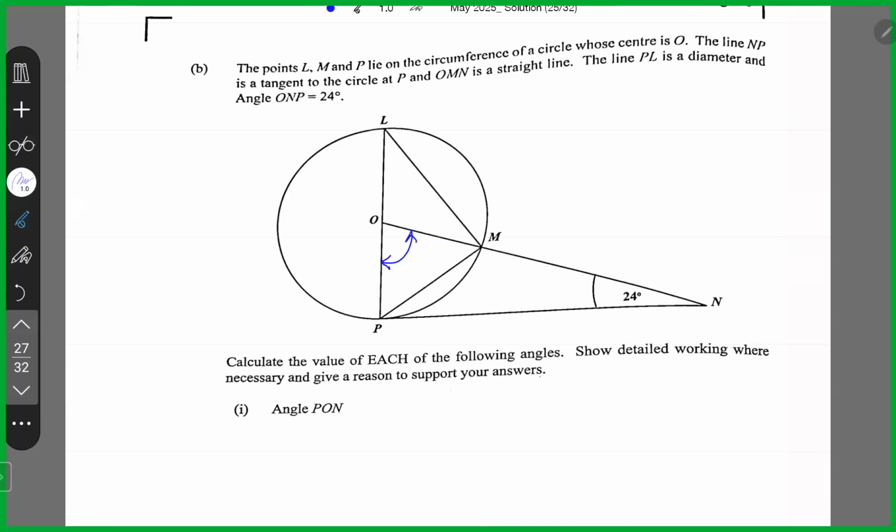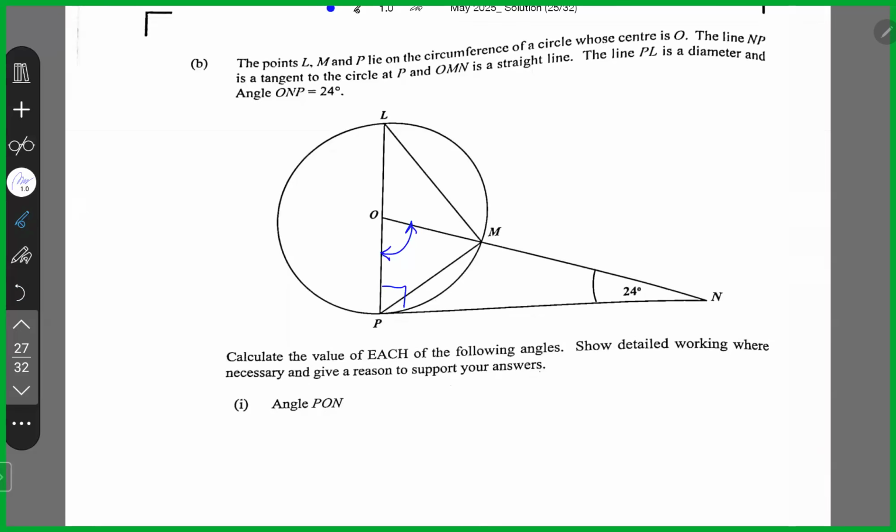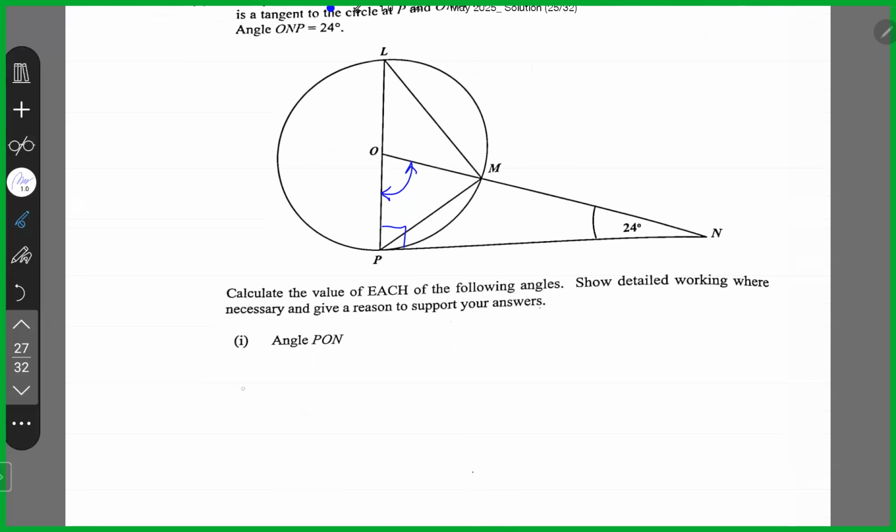Now, what I'm going to use to find it is the fact that this angle is 90 degrees. So that angle is 90 degrees. I'm going to tell the examiner that angle PON is equal to 180 minus 90 plus 24, which would be 180 minus 114 degrees.